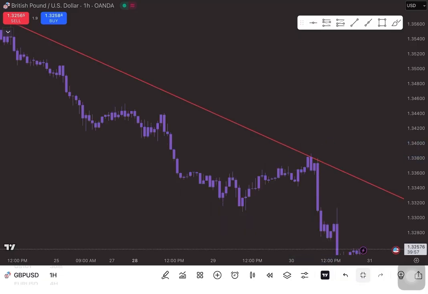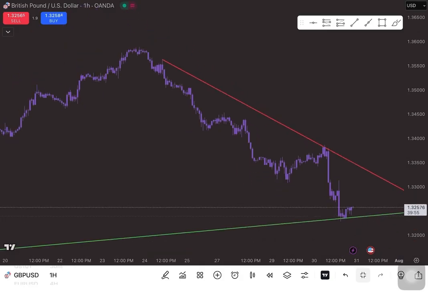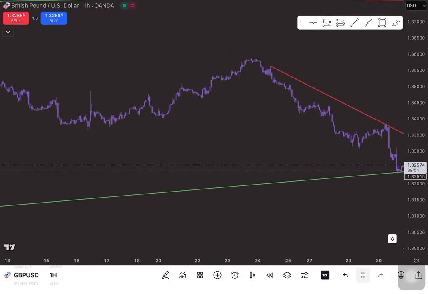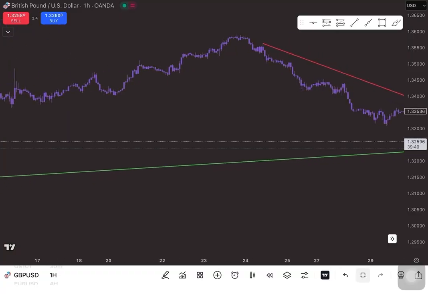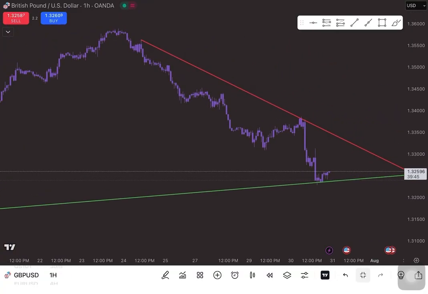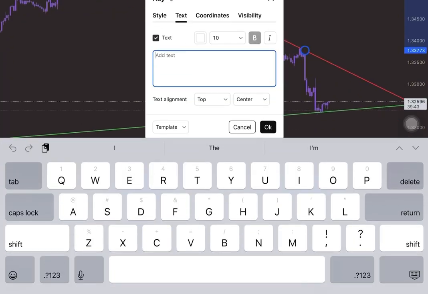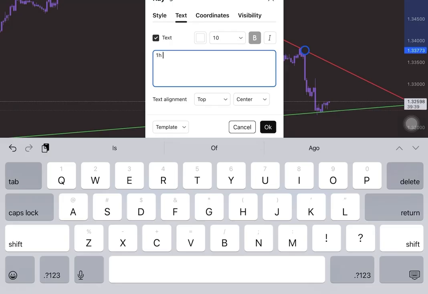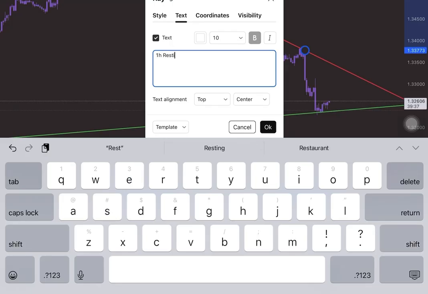All right, there we go. Anyway, I think this one is good to keep. I don't really see an uptrend to make, so we're not going to do that. All right, this is going to be our 1 hour resistance.